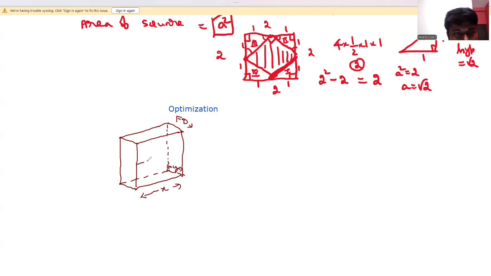It'd be a two-way bookshelf, like two racks are there.